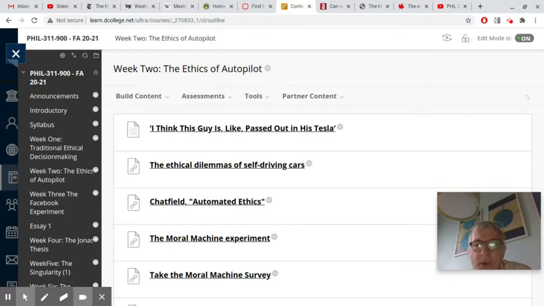So, in a certain way, it's just looking at computer ethics issues, which is what the course is really about. Also, applying traditional ethical models to evaluate those issues.